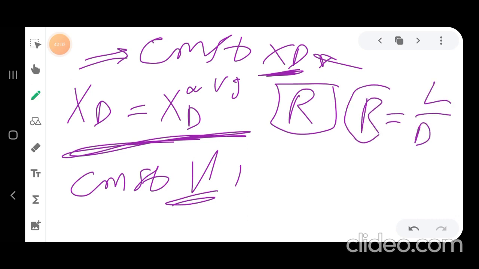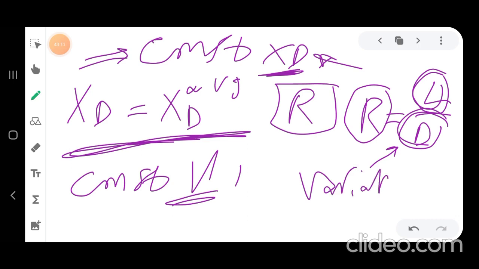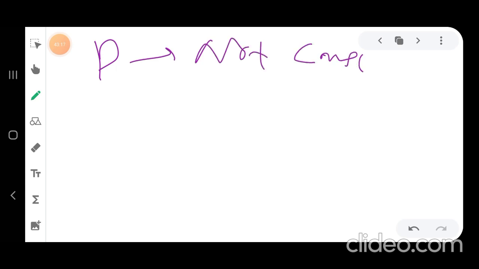So L and D will each be variables. In other words, D is not constant, so you cannot use the equation W naught minus W over D, because D is not constant.